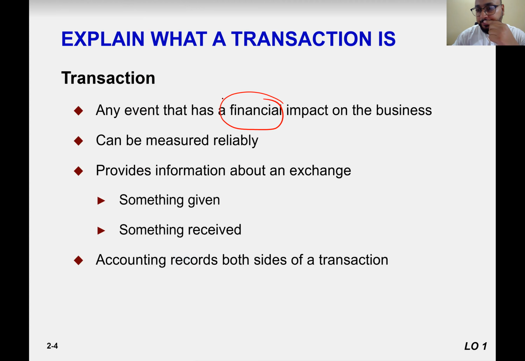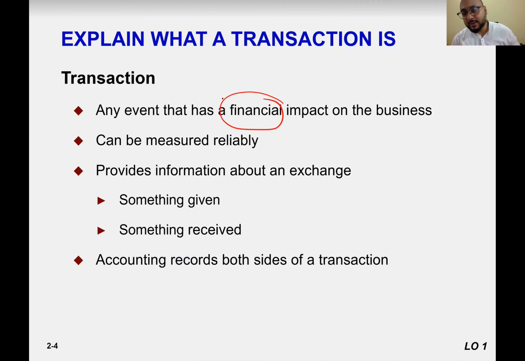Right, guys? Financial impact. Similarly, if you have studied economics with me, in the first lecture we defined resources as anything that has monetary value. So any event that affects the business in monetary terms has financial impact.